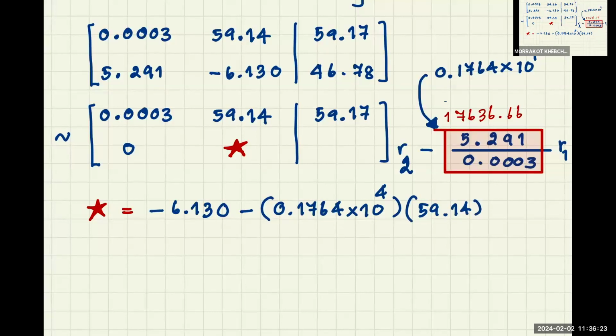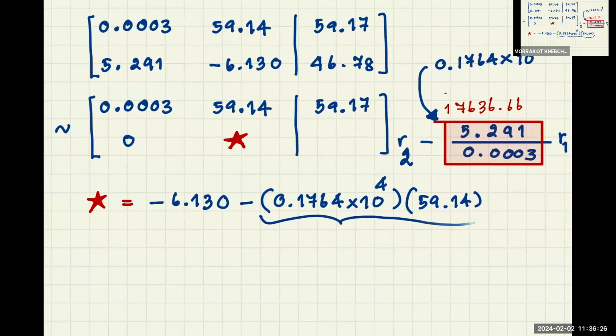What I have to do, I have to do this multiplication first, right? I will get 1043229.6.